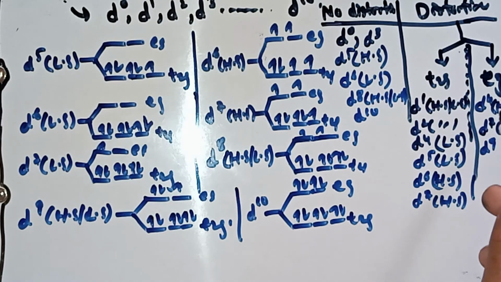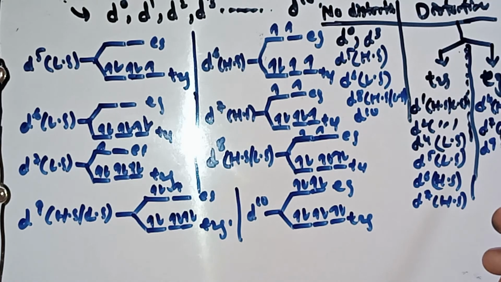But when d4 is a high spin complex, d7 is a low spin complex, and d9 is high spin or low spin, in these cases the EG set has asymmetrical pairing, so their electronic cloud will be asymmetric.